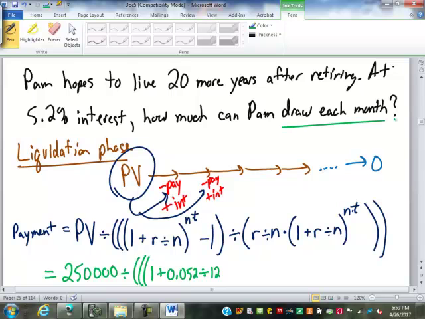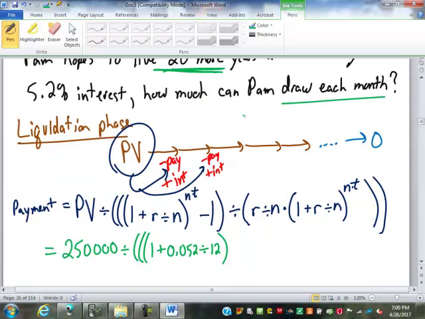Monthly. Draw each month, right? Divided by 12, close parentheses. Going to draw for 20 years, so 240, 20 times 12. Minus 1, close parentheses.